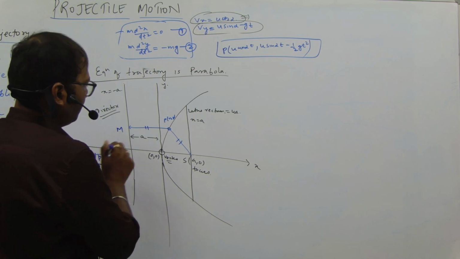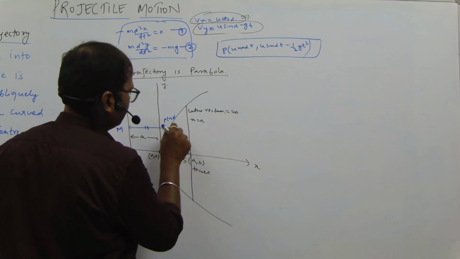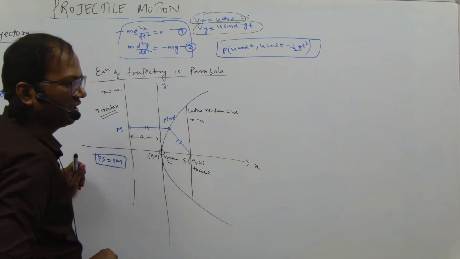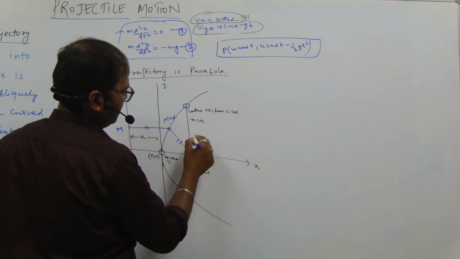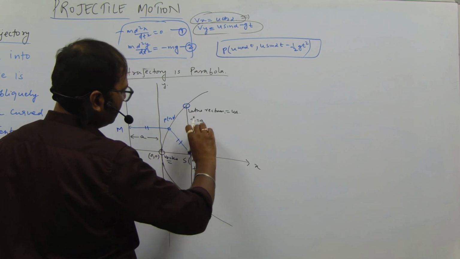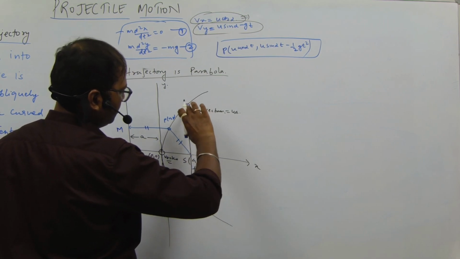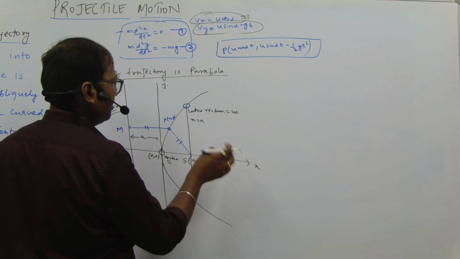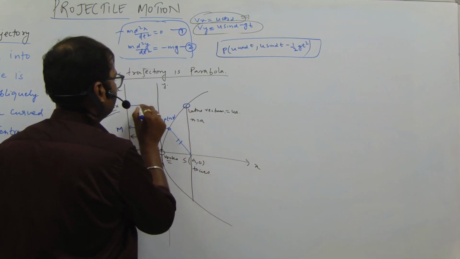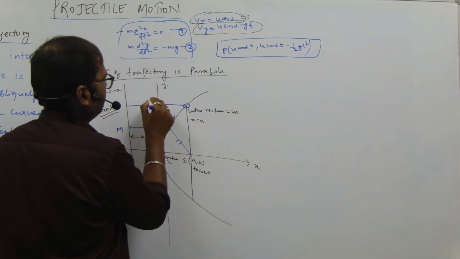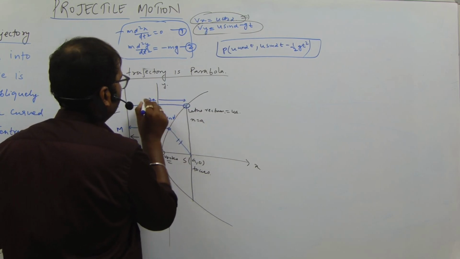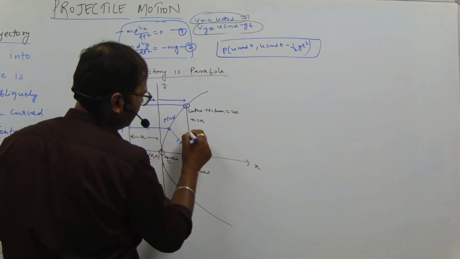Similarly, the distance of this point from the focus is a, and from the directrix is a, so the whole distance is 2a.